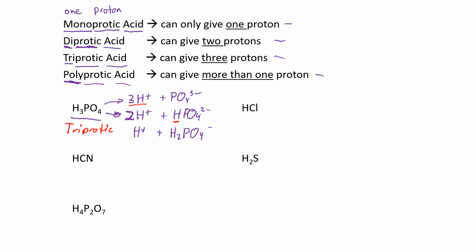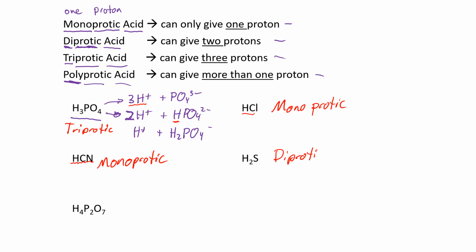Okay, so what about this next one right here? This one can only donate 1 proton, so we call it a monoprotic. This one right here, someone yell it out. Hopefully you're right, monoprotic. Okay, this one right here, diprotic.